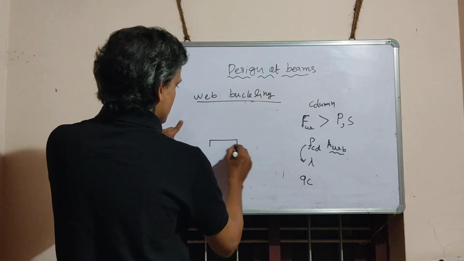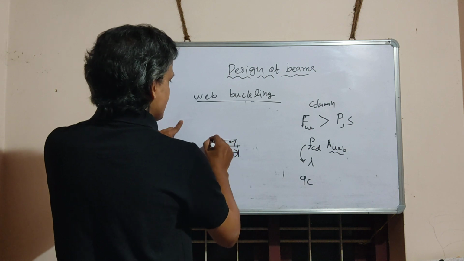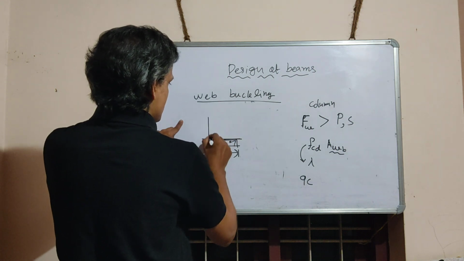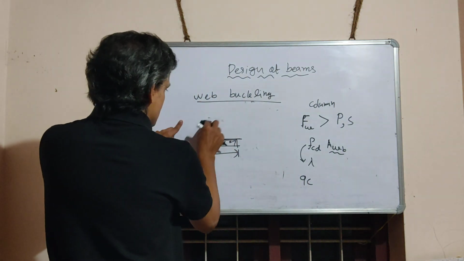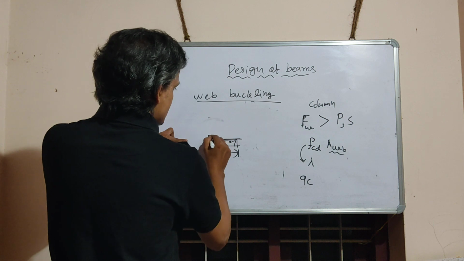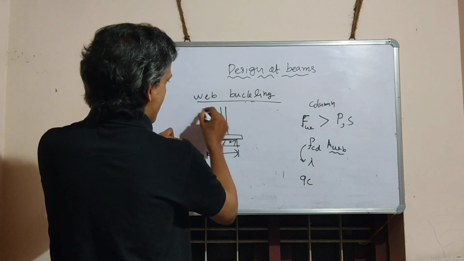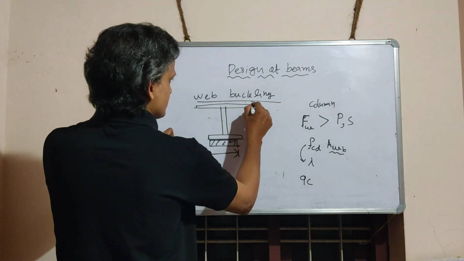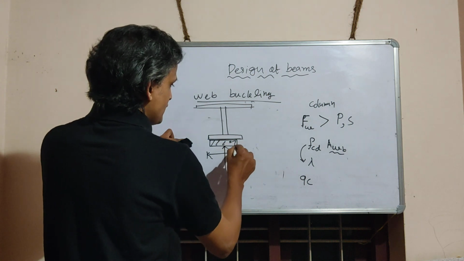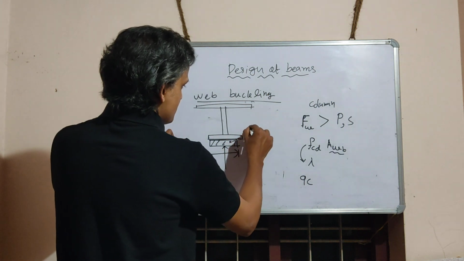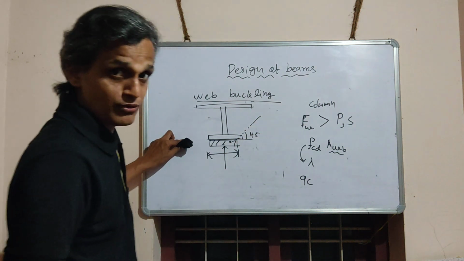If there is a bearing plate having a particular width B and the flange is placed, the bottom flange is placed over this, and there is a web and top flange. Support reaction is acting at this point. Now, this load is dispersed like this. This dispersion angle is usually taken as 45 degrees.